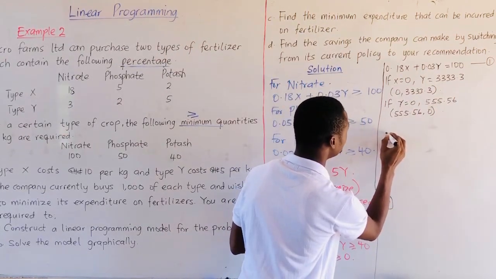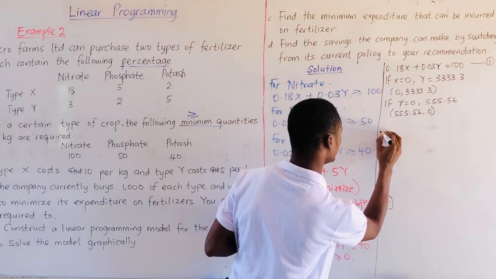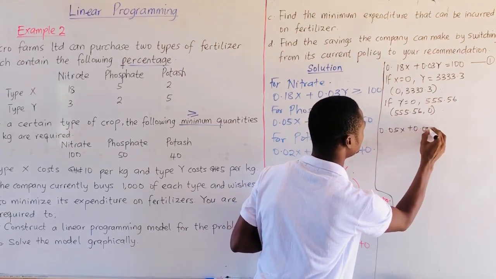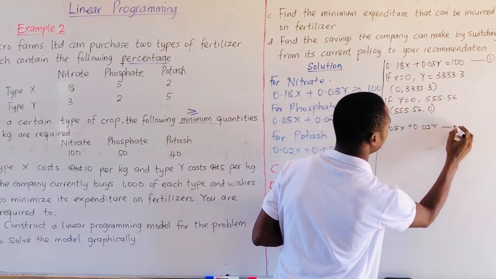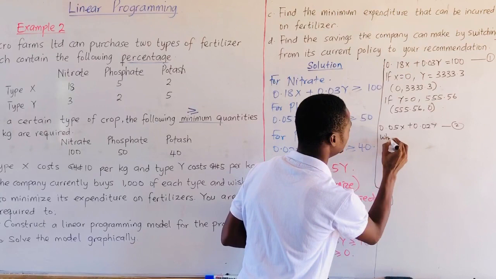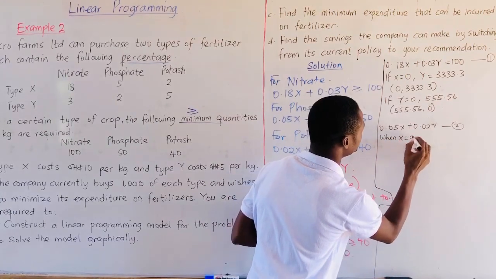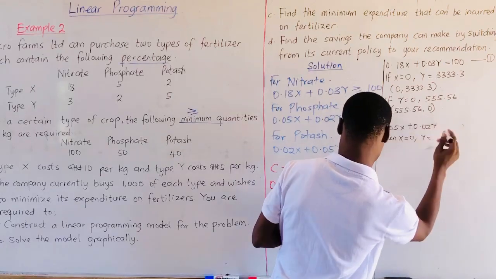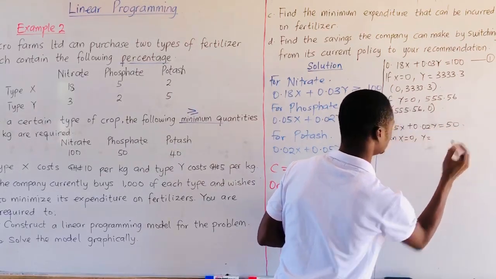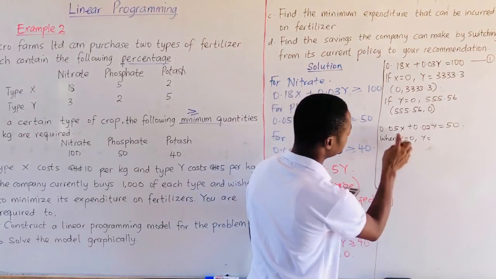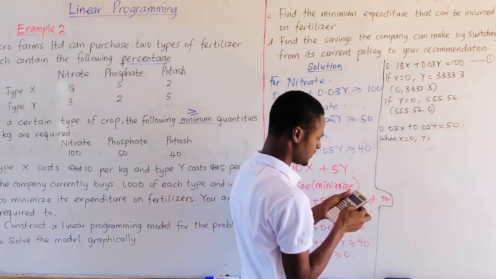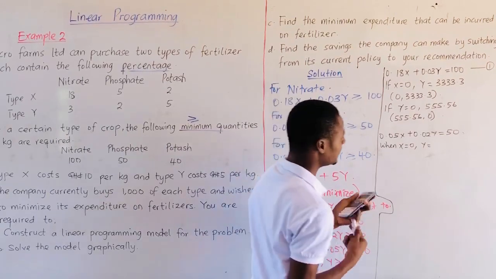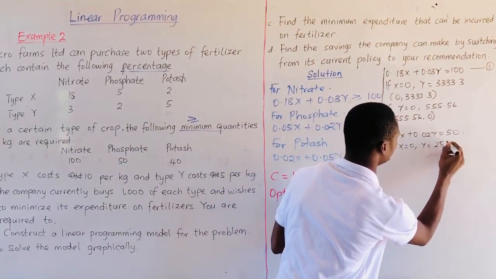For equation 2, which is 0.05x plus 0.02y equal to 50, when x is equal to 0, we will have 50 divided by 0.02, and that gives us 2,500.